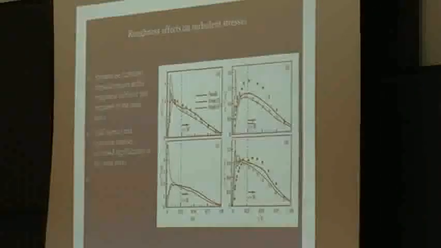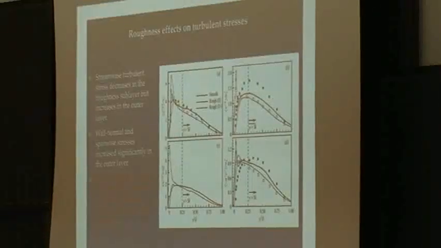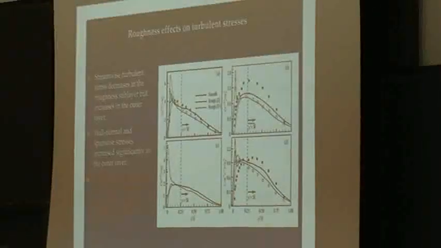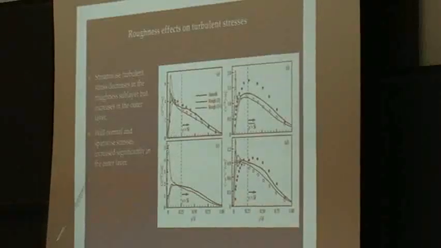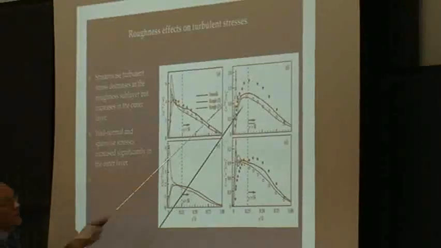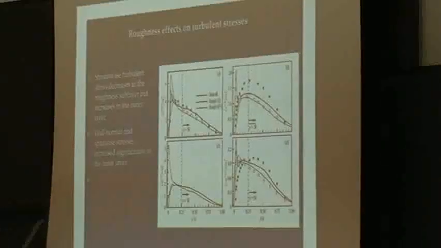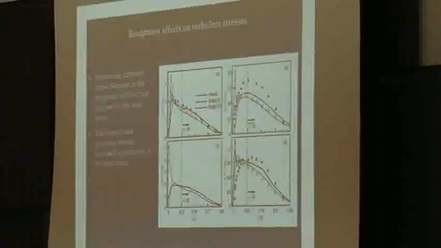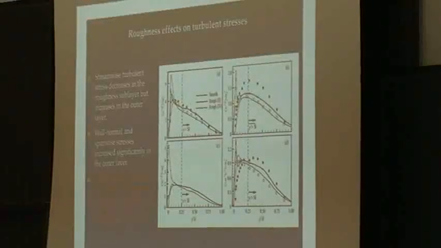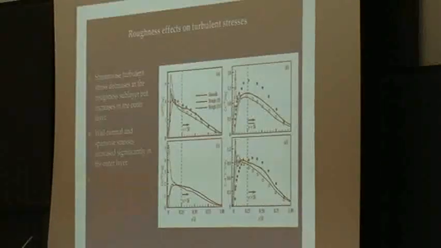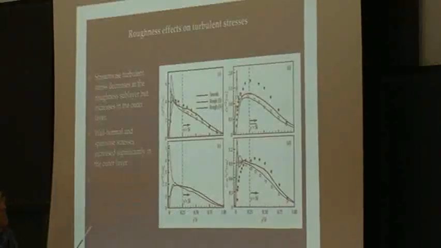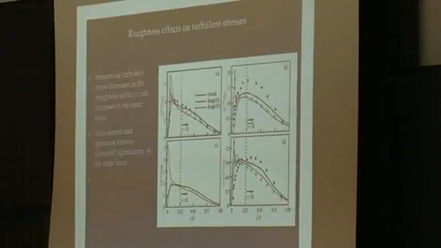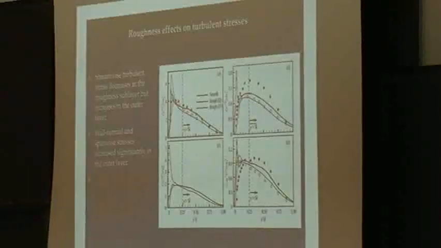The increase in the stresses extends all the way through the boundary layer to the outer edge, about the same order of magnitude in the U squared, much lower in V squared than we got, but at least the same type of change. And also in the shear stress, they seem to have changed the profile significantly in the outer layers.